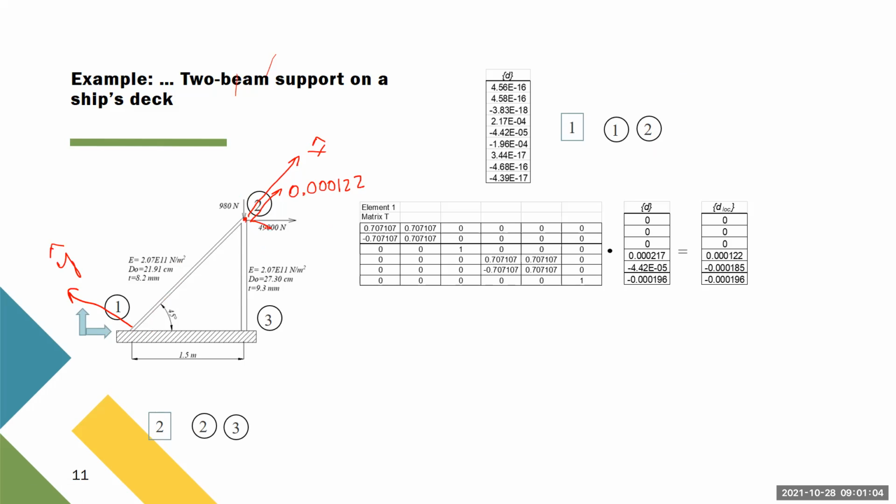It moves vertically like this, and this is 0.000185. The rotation doesn't change, so it rotates like this. Since you know that this point moves to the right, that means that this element 1 is going to be in tension, just because of this displacement.